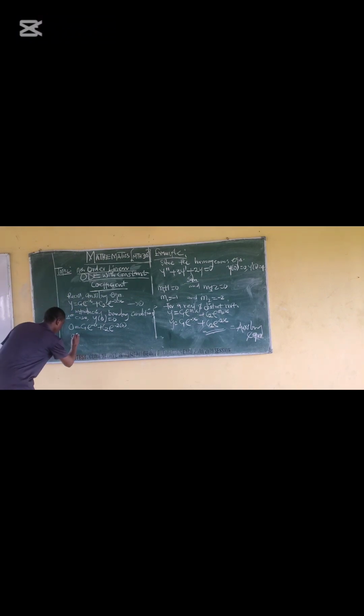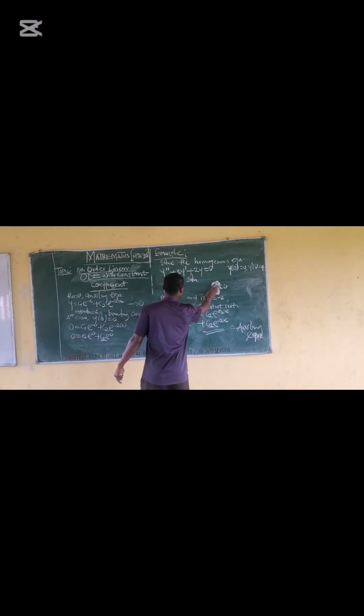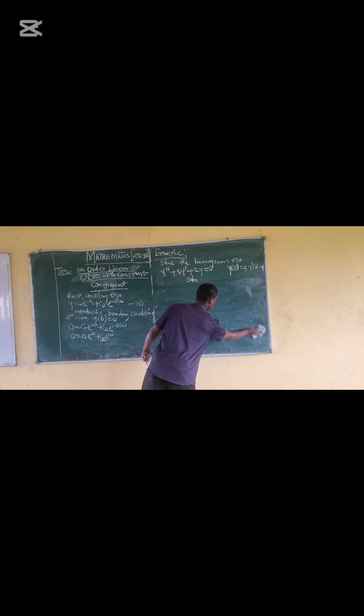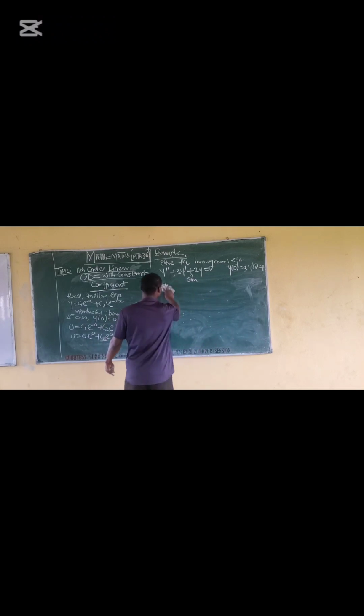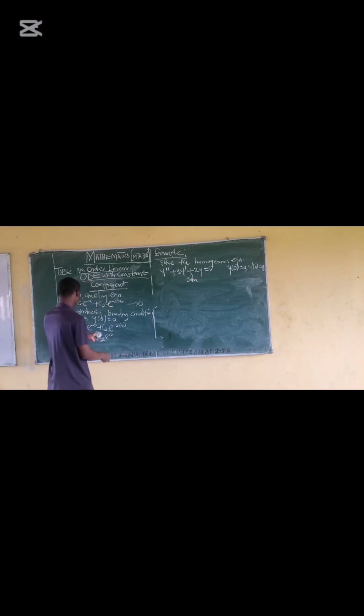From our law of indices, this is C1 exponential 0 plus C2 exponential 0.